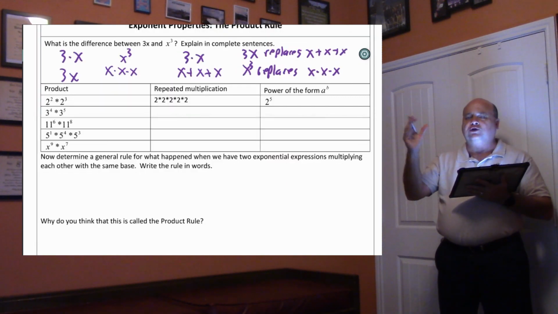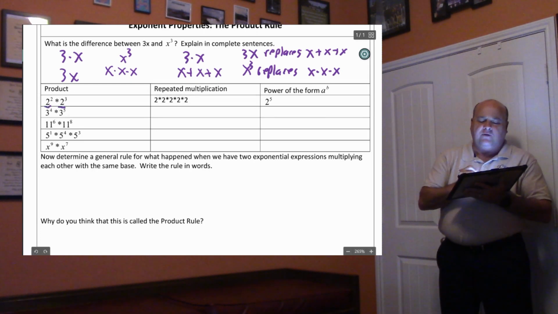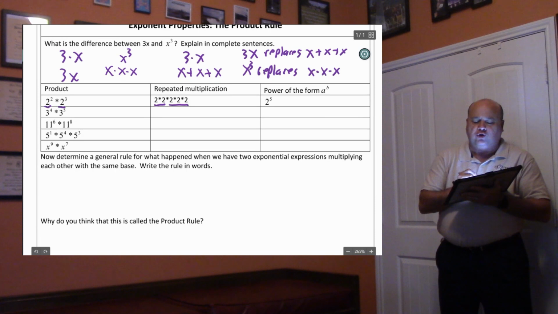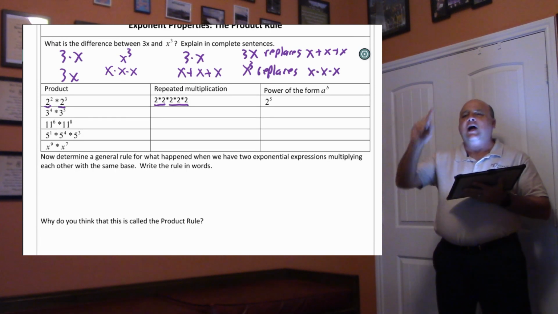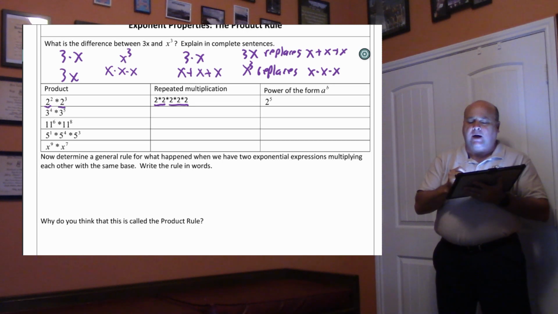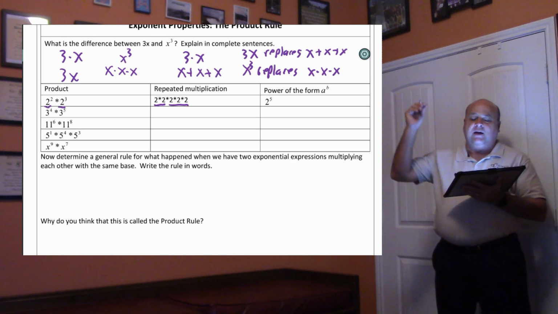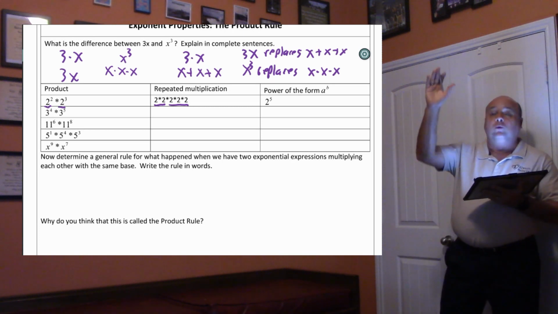This is a huge concept you're about to learn. So notice that 2 squared times 2 to the third, I'm writing down 2 2's and 3 2's, right? How many 2's could you add up? You could count 5 2's, right? Okay, let's do the next one. 3 to the fourth times 3 to the fifth. Now then, we'll do this together.